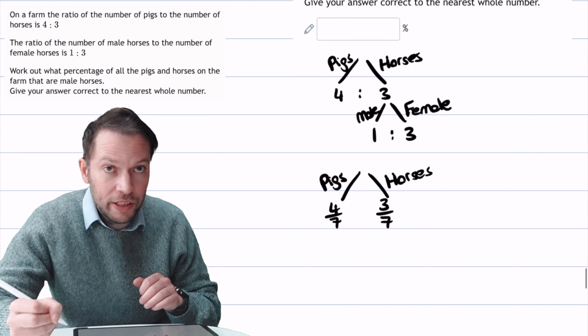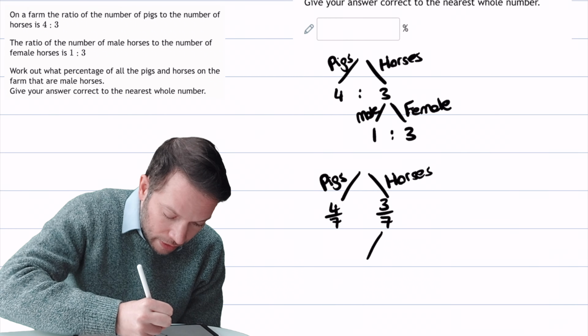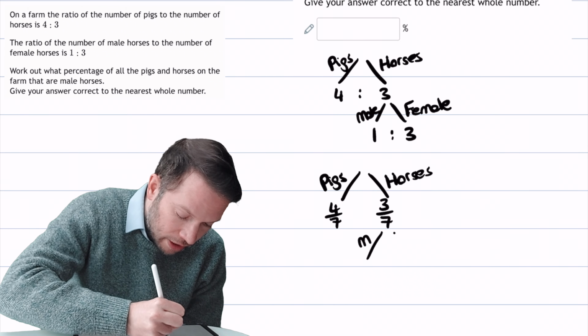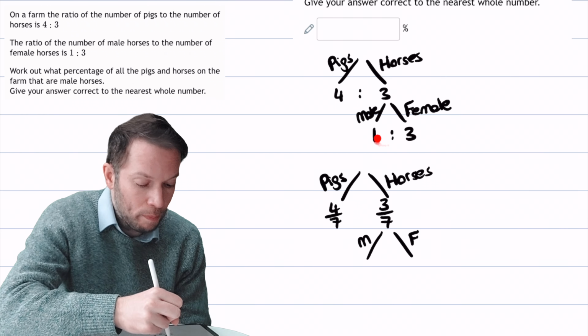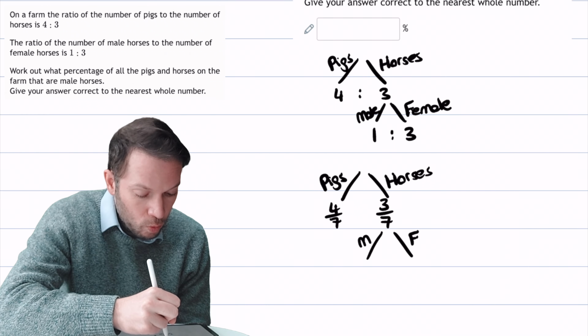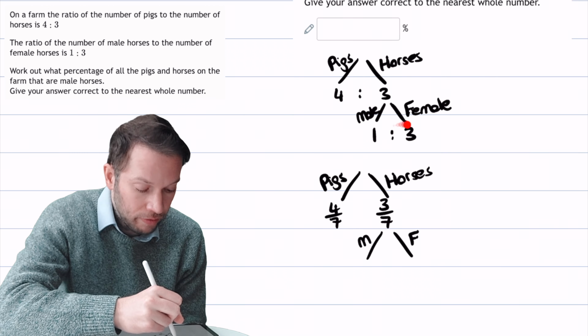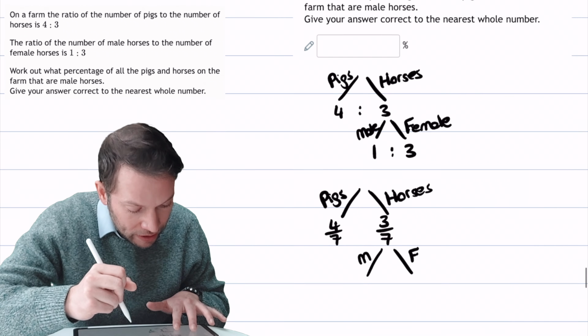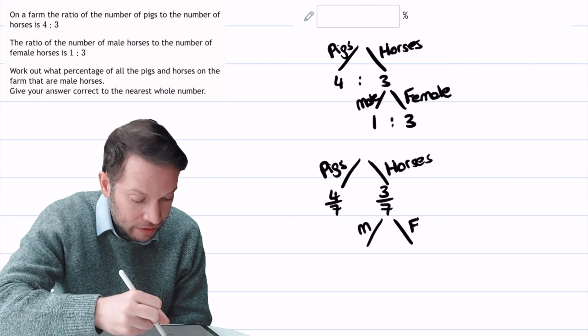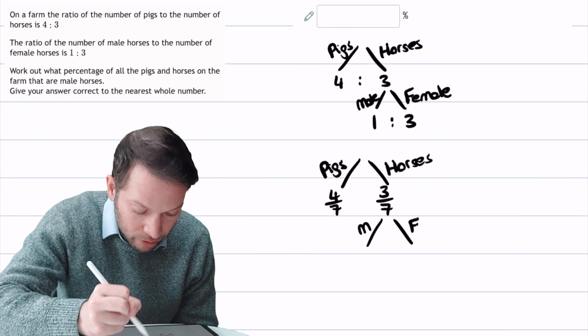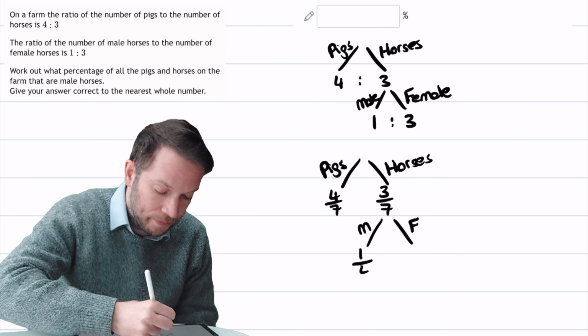Then of those 3/7 of the animals which were horses, the fraction which were male versus female: out of the 4 parts of horses in total, 1 of those 4 parts is male, 3 of the 4 parts is female. We're interested in male horses, so 1/4 were male.